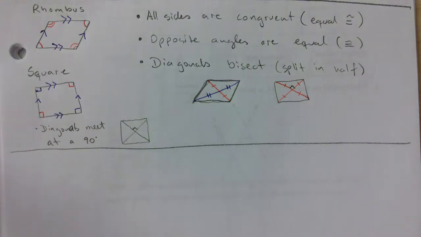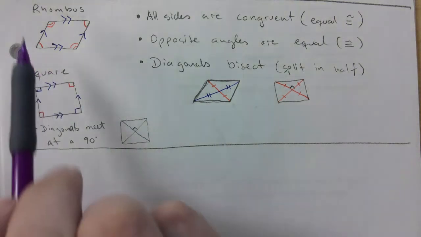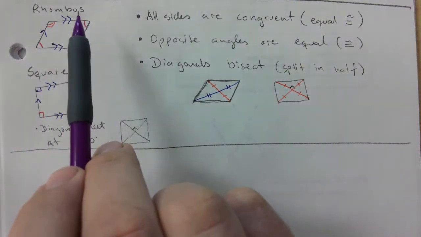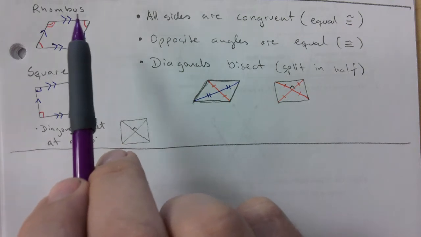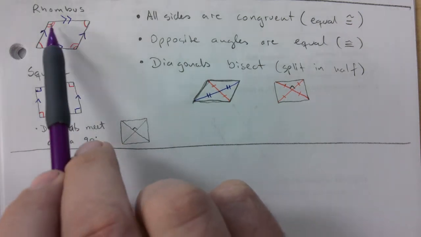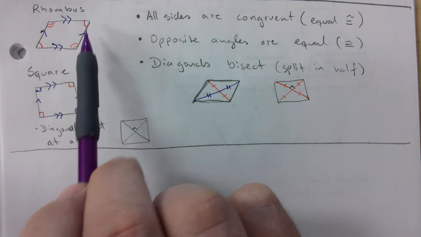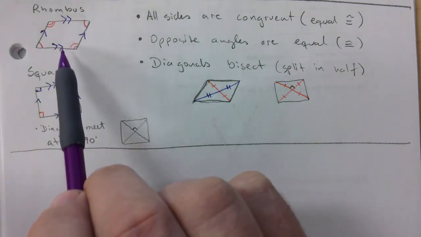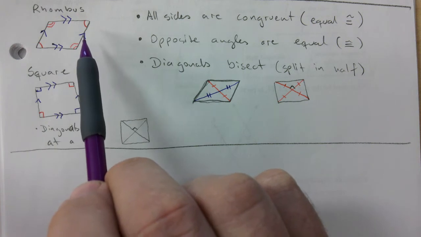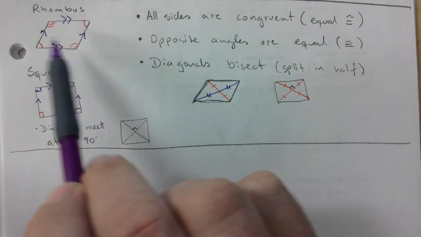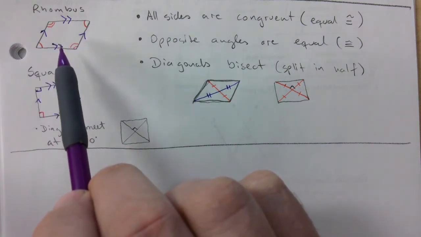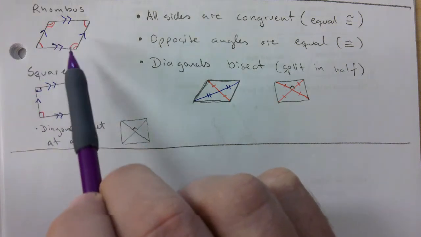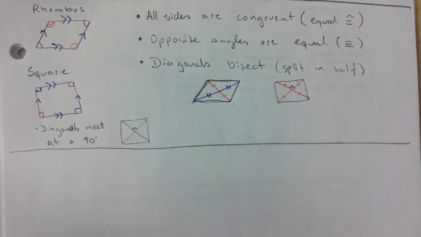So I just want to go back. If I asked you to draw a rhombus, for example, and identify at least two properties that make it unique, if you were to draw something like this, that would be it. Like you've identified, right, that it has two pairs of parallel sides, and it has two pairs of opposite congruent angles, right?